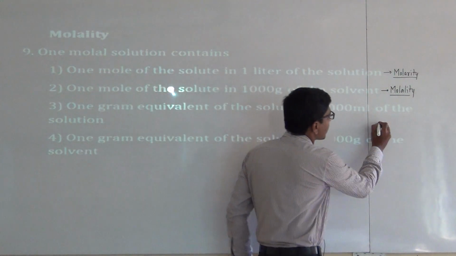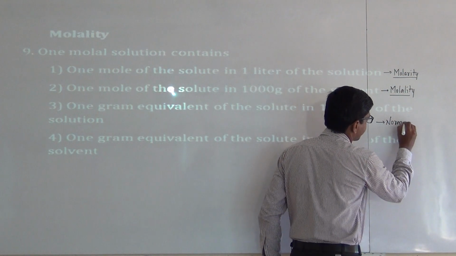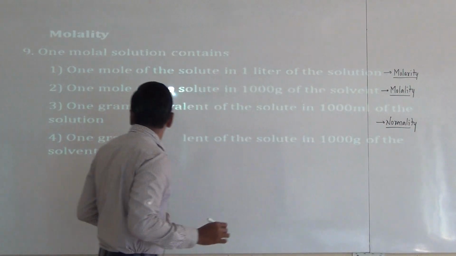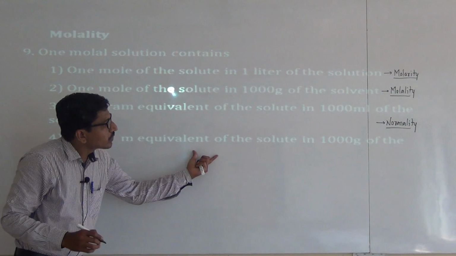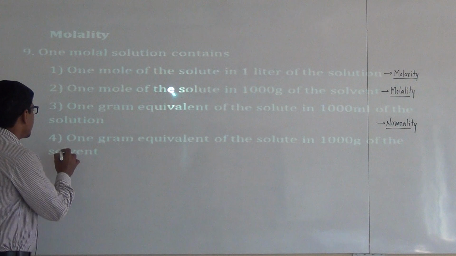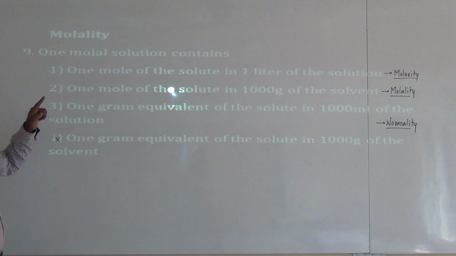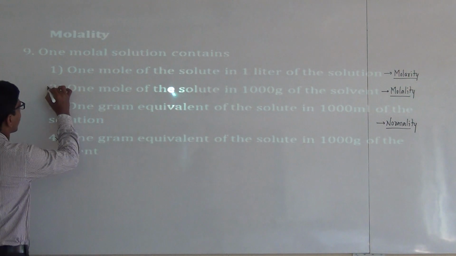This is the definition for normality. And last statement, 1 gram equivalent of solute in 1000 gram of the solvent. This is the wrong statement.